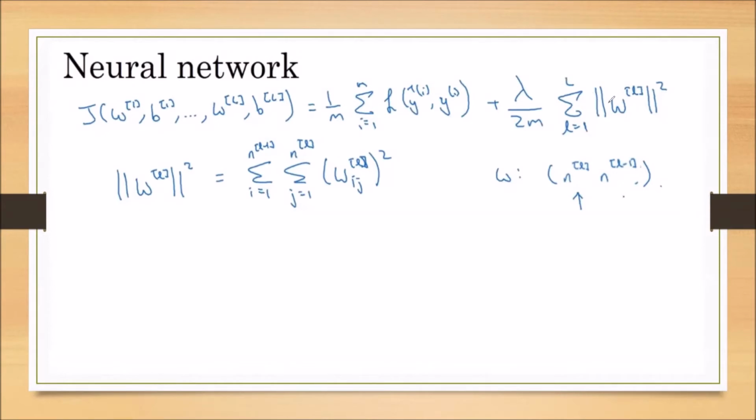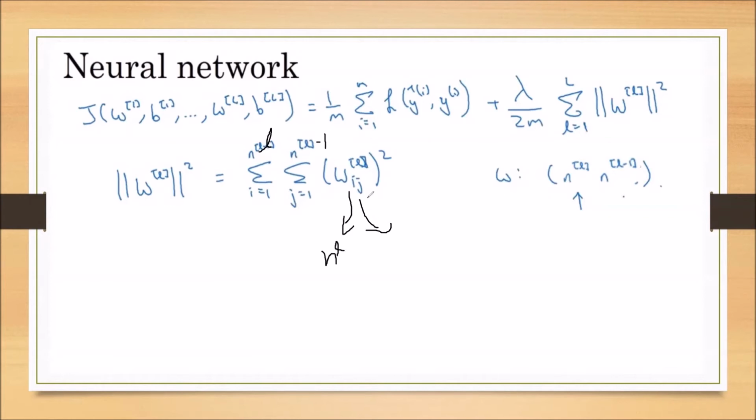Similarly, we are writing the normalized value of WL square as the sum for i equal to 1 to nL, and j equal to 1 to nL minus 1, where i represents the rows and j represents the columns of the parameter matrix. How many rows are there? That depends upon the number of activation units in the Lth layer.